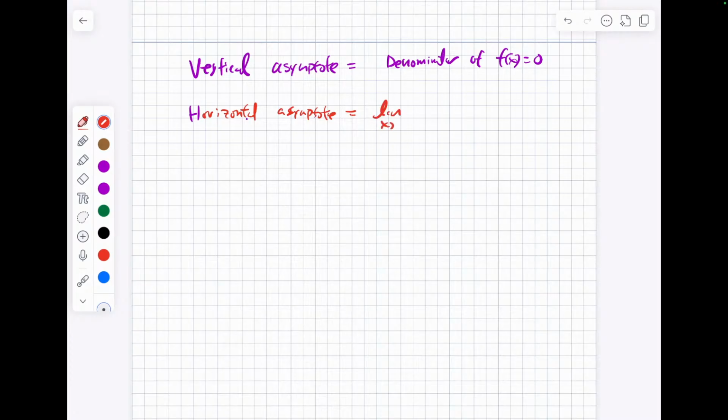Limits as x approaches infinity. You divide by the highest degree of the denominator, but you have to approach infinity before you divide by the highest degree. Otherwise, you will not go to 0. So you divide by the highest degree of the denominator.